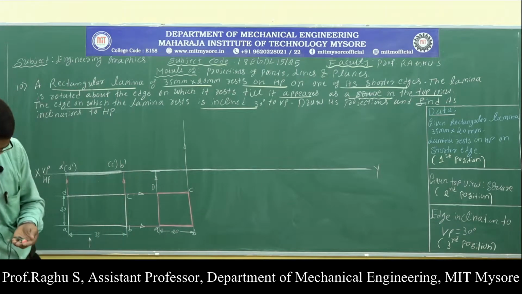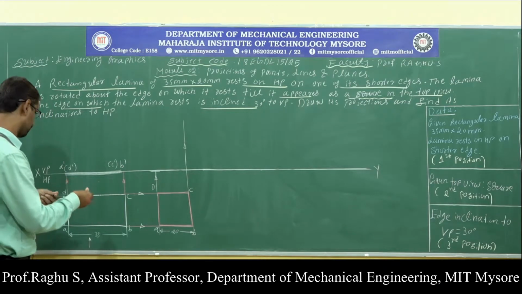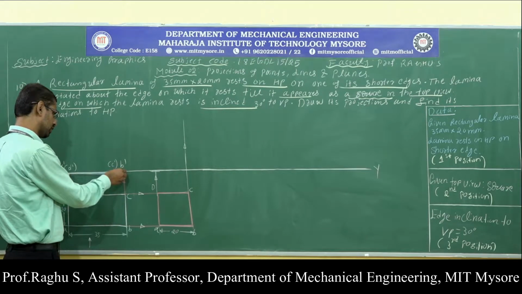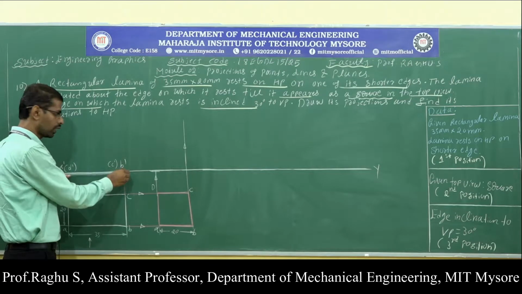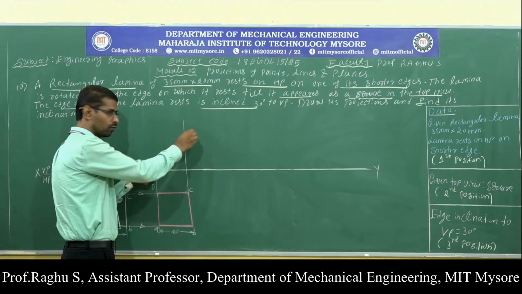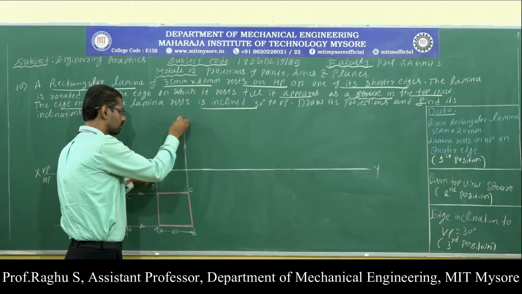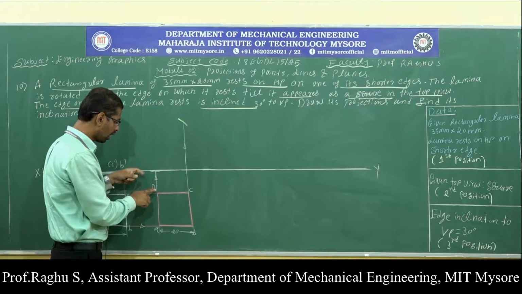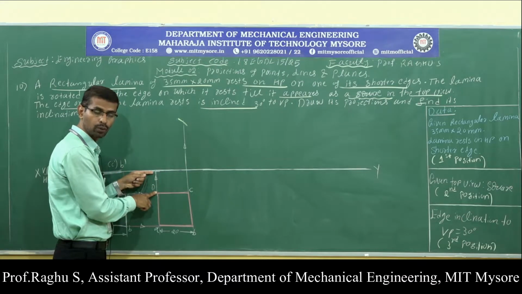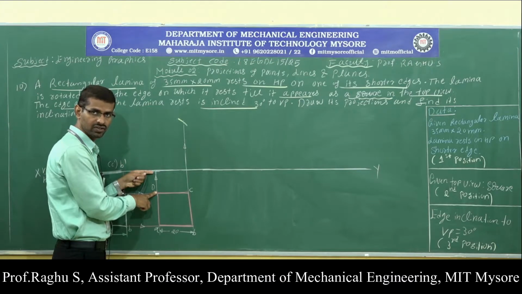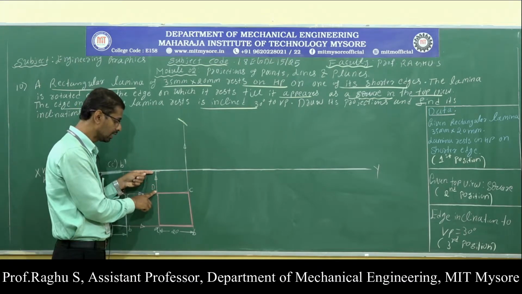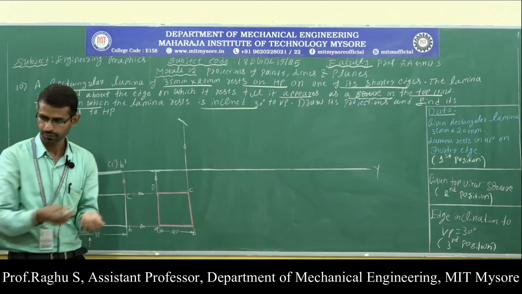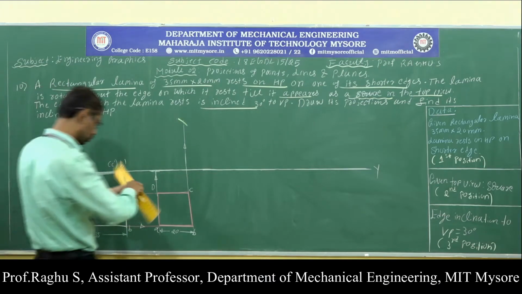Now measure this distance, the first position front view, and from the left side, cut an arc. That is why I have drawn the left side projection line up to the XY line: in projections of planes, the left side is considered as the resting condition. That's why you should stop the left side projection line at the XY line only. Now join.